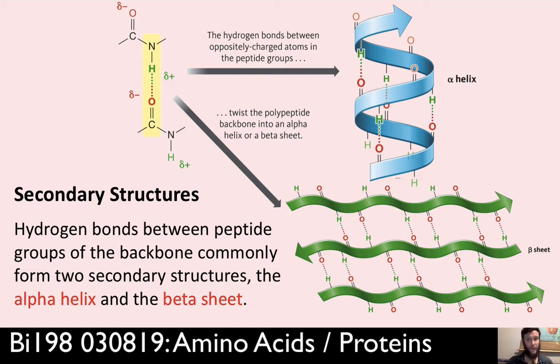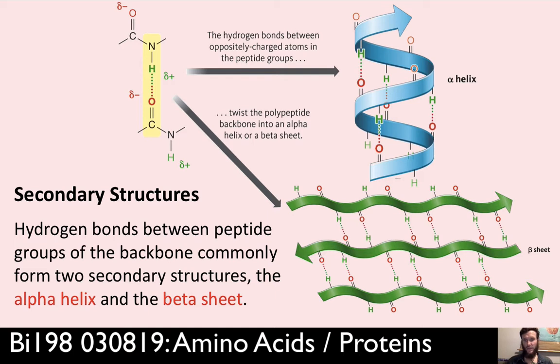There's alpha helix. So this is basically just a spiral, where in that top picture you see the blue arrow spiraling around, and the proton from the amine in the peptide bond is able to hydrogen bond to the carbonyl oxygen from another amino acid that's like 3 amino acids down the chain from it.